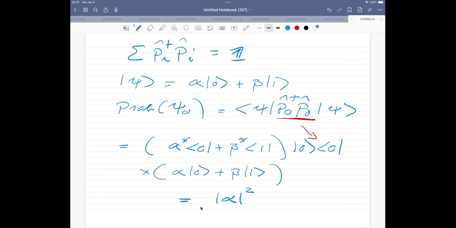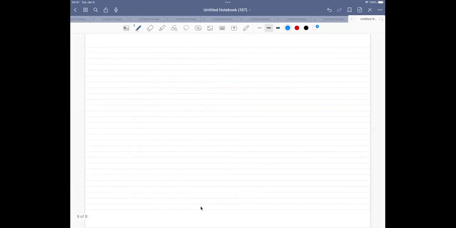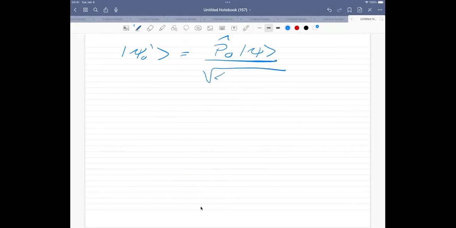Then, if I look at my normalized state after the measurement, you know that this measurement projects out state 0. But now it projects out state 0 with an alpha in front of it. So it's not normalized. So my normalized post-measurement state is going to be this psi 0 prime, and that has to be given by this operator on psi, and then I have to normalize it because my state as it comes out is not normalized.